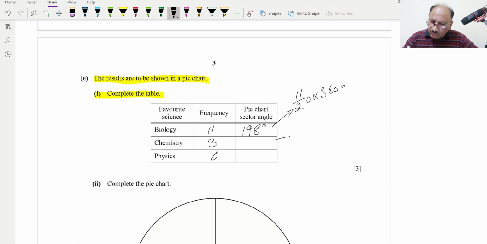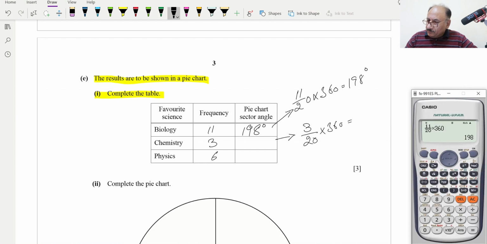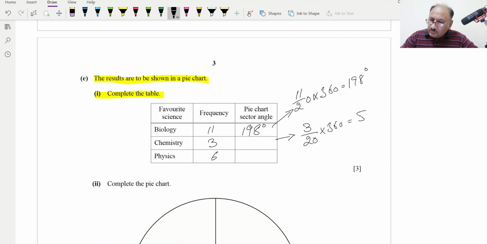Similarly we can calculate for chemistry, and chemistry will be 3 out of 20 multiplied by 360, which is equal to 54. So this is 54 degrees. Now for physics also we can calculate.